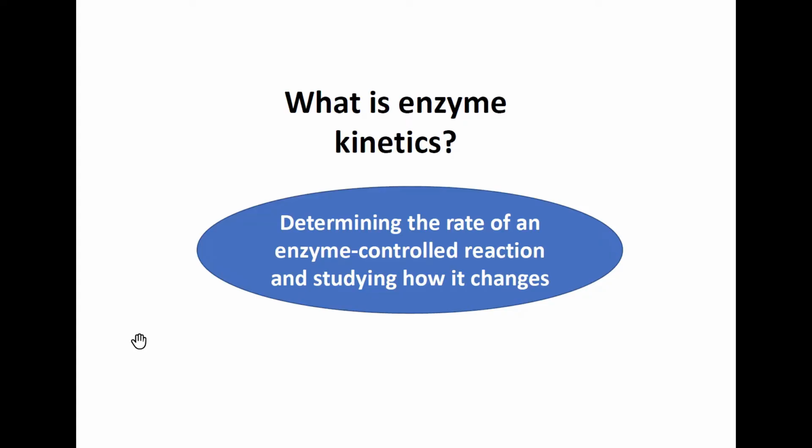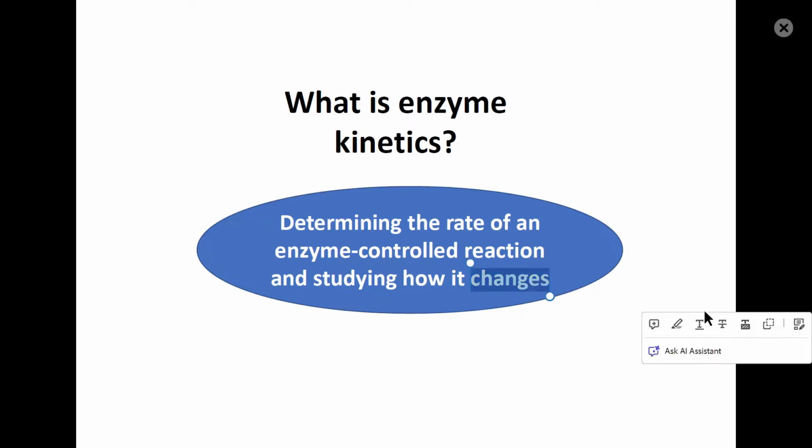So the changes here can also serve as the kinetics. Enzyme kinetics is the study of how enzymes catalyze the rate of the reaction and how it changes, maybe by increasing or decreasing activity due to addition of activators or inhibitors. So that is enzyme kinetics.